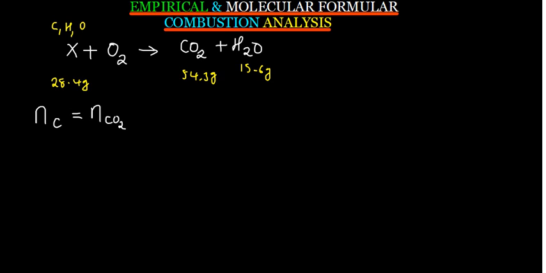This is the last question, please. And then the moles of carbon dioxide is given by what? The mass of carbon dioxide, which is 54.3, over the molar mass of carbon dioxide, which is 44. That is going to give us 54.3 divided by 44.